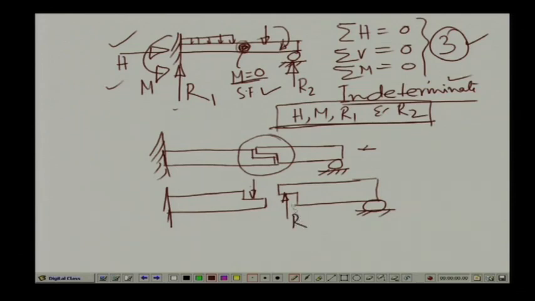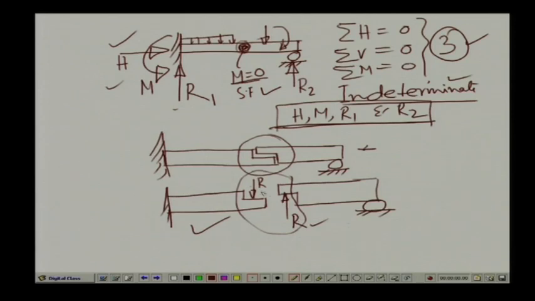If we call this R, this is also R, because this particular section can resist the shear force. So, we can have a reactive force generated at this particular end, and in the process you see, now this is a determinate system having a fixed end, which is a cantilever, and this is like a simply supported one, and these unknown reactive forces can be calculated, which is nothing but the shear at this particular end.